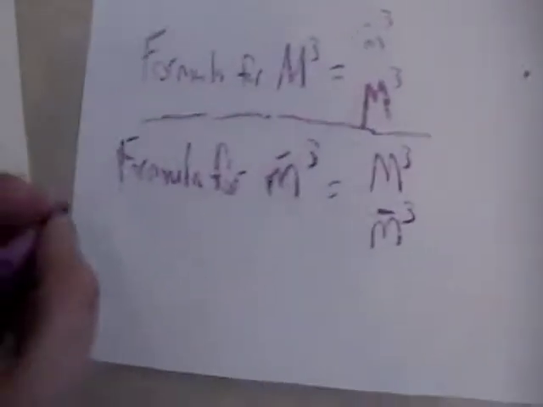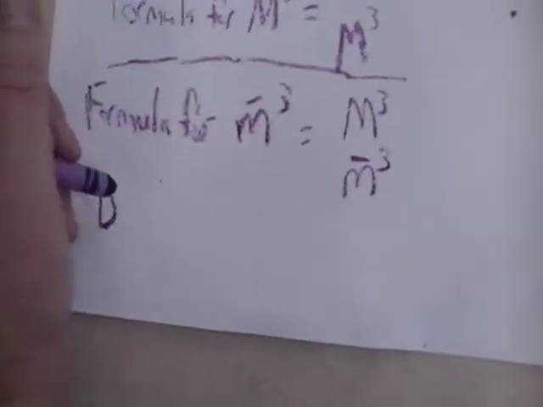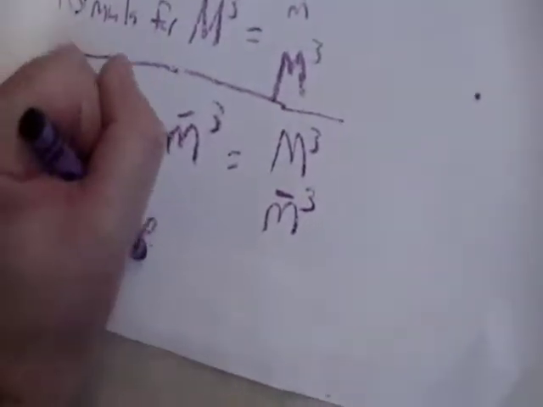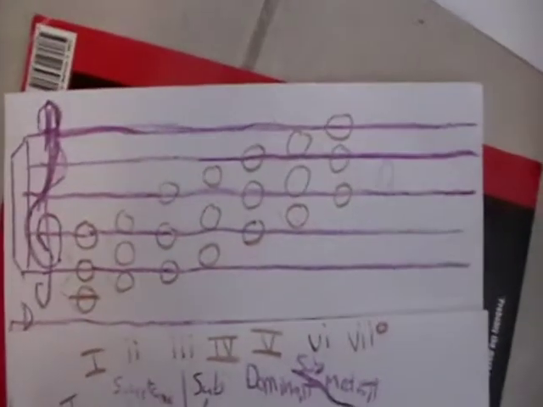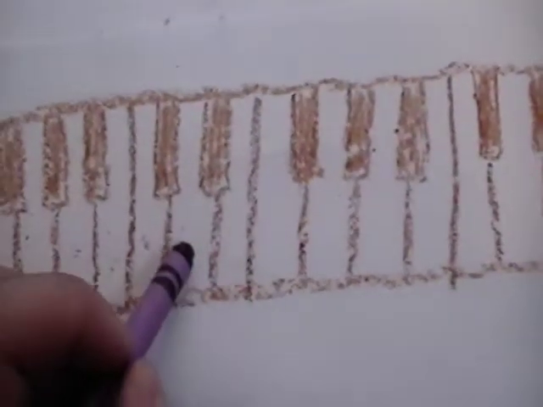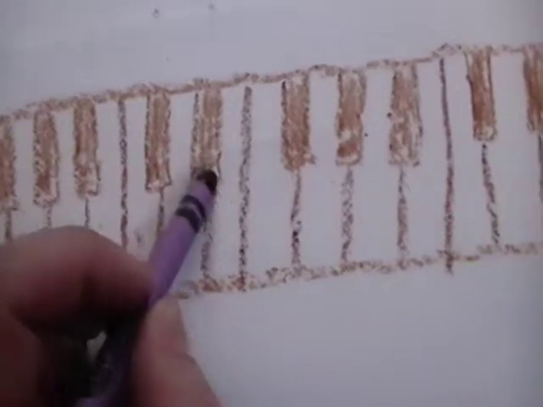Let's do this, watch. The diminished formula is a minor third on the bottom. That was B, D, F, right? Now go from D to F. Half step, half step, half step.